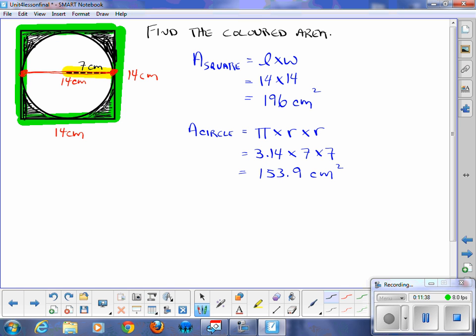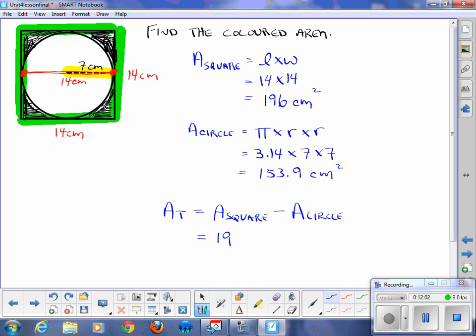So how much scrap was there? How much was left over? So when I'm looking at that, my area total this time is going to be the area of my square, the whole square, and we are going to have to chop out or subtract the area of the circle. That's the hard part right there, okay? Hard part is taken care of.